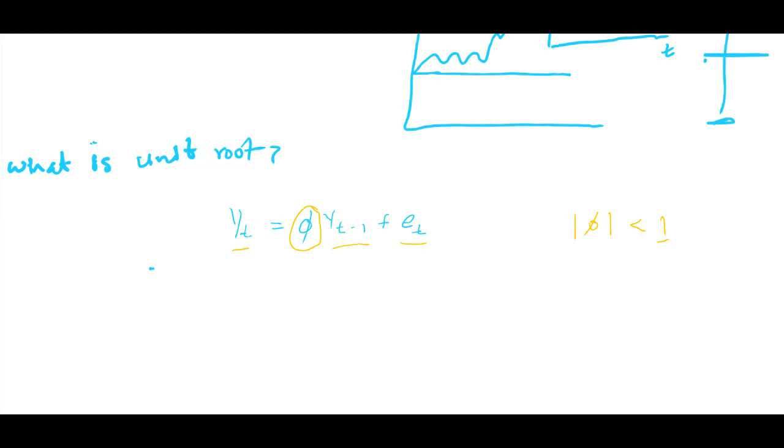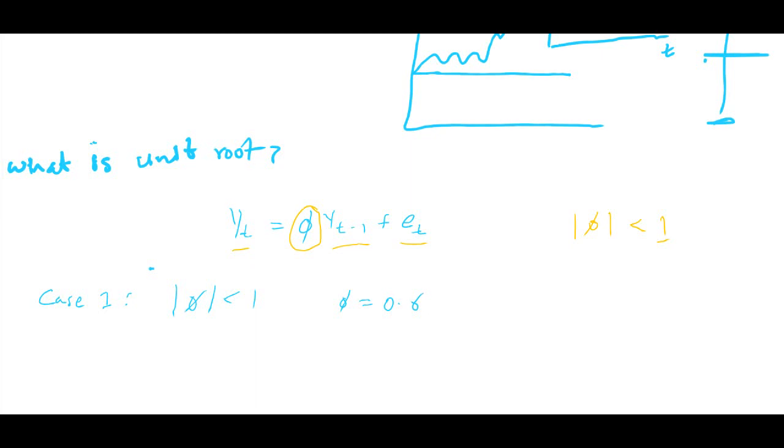Now let us discuss the three possible cases here. Case number 1: what if the absolute value of theta is less than 1? That is our condition for stationarity. Let's say the value of theta is 0.6, and we call it stationary. Why is this stationary?